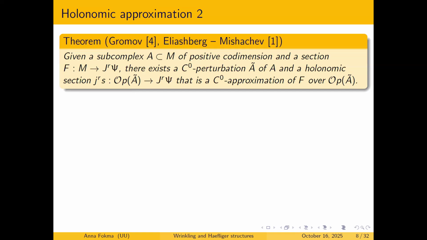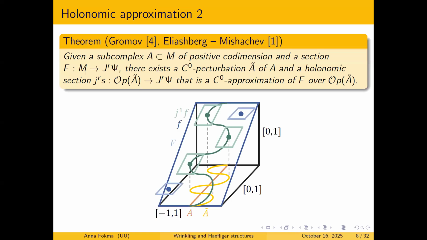And in fact, we also need to allow ourselves to wiggle this subcomplex. So we need to allow ourselves to perturb this subcomplex, and then over this perturbed version, we can do holonomic approximation. So I've included a picture, which hopefully clarifies it a bit.